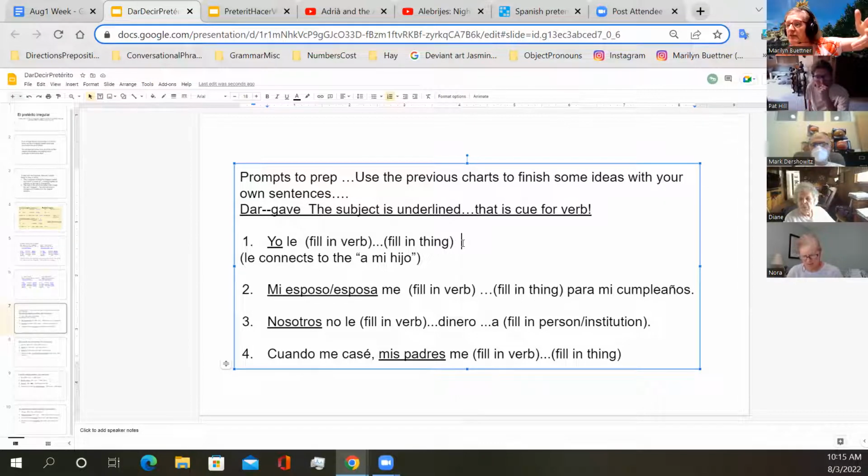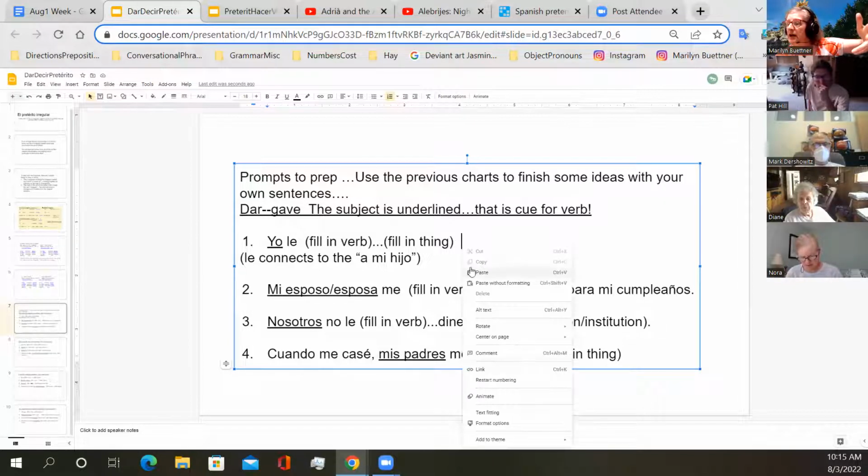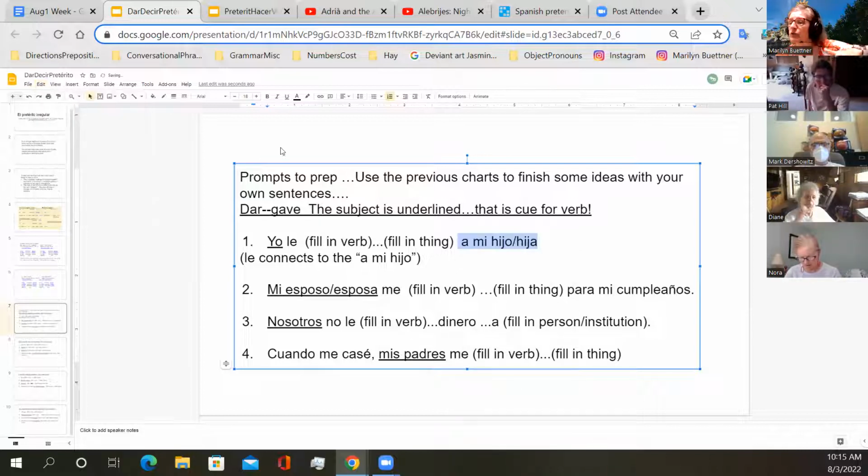But because you're getting this prompt out of context, I can't really, for you, exclude the a mi hijo. Sure. But in a normal conversation, the a mi hijo may not be there at all.